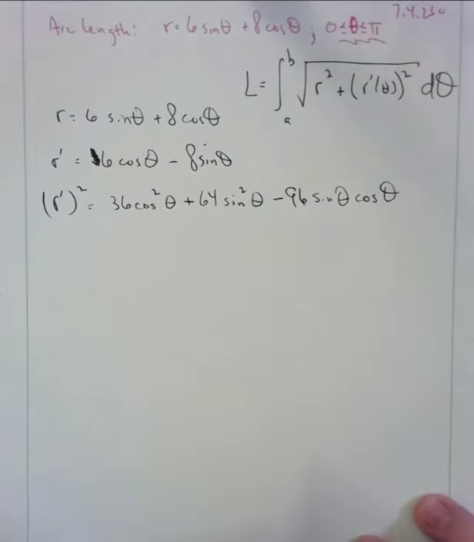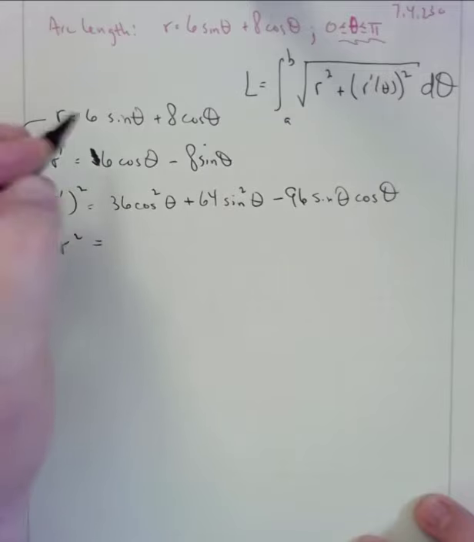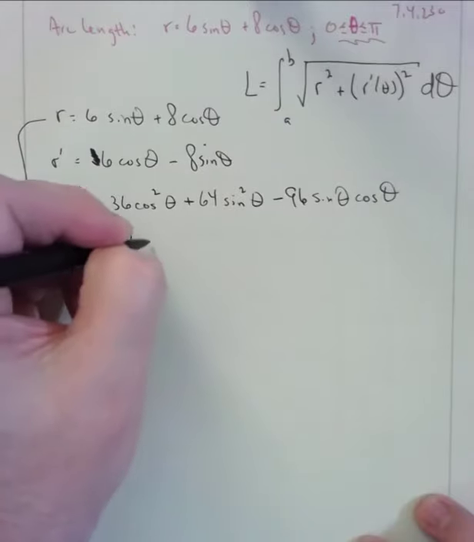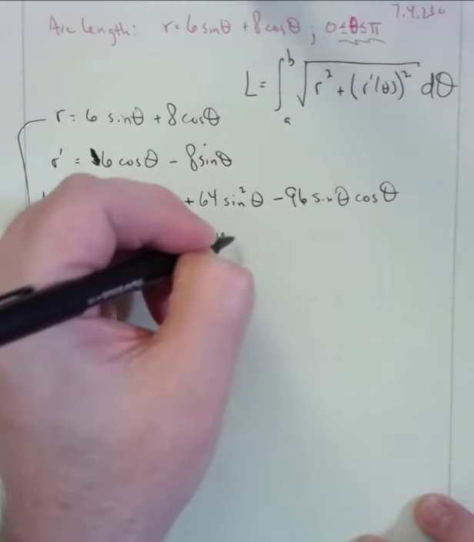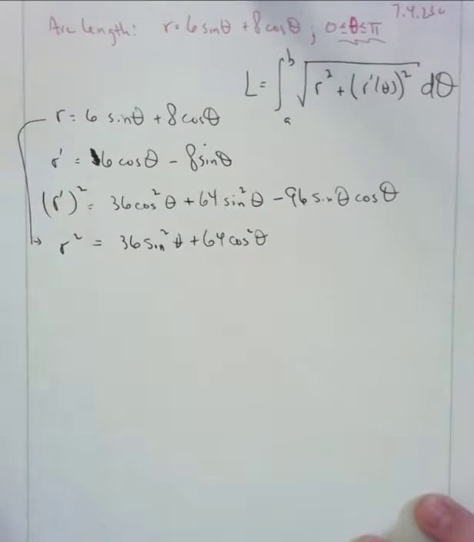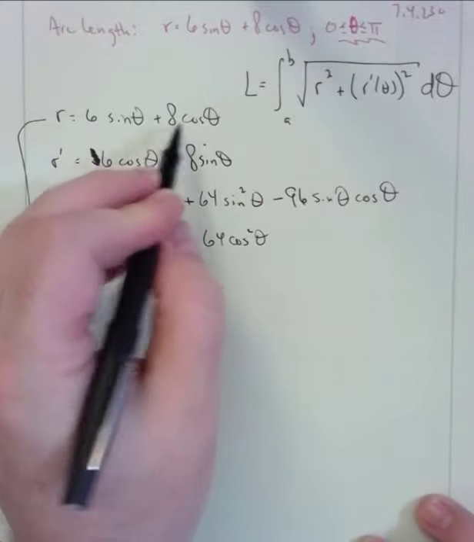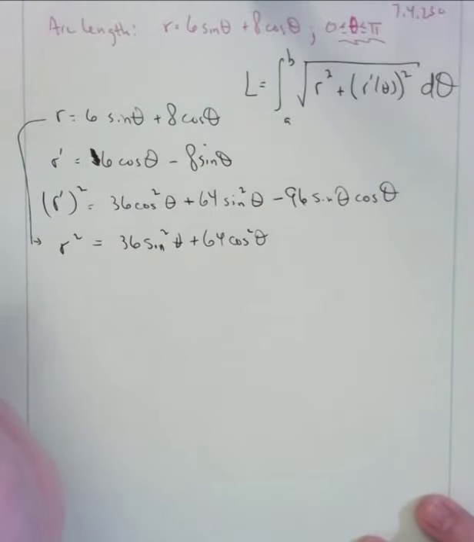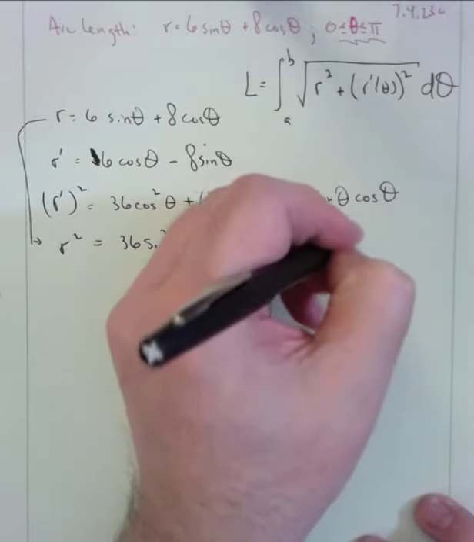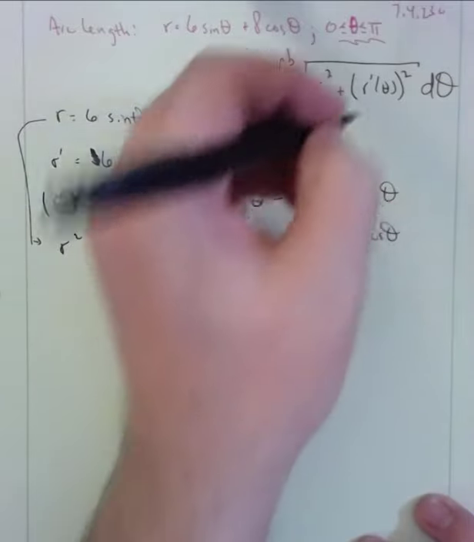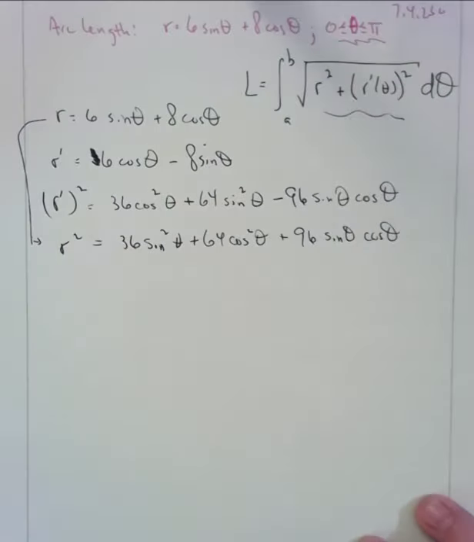And then let's also generate r squared itself. Well, that'll be 36 sine squared plus 64 cosine squared, and then cross terms of plus 48 sine cosine, so 2 of those is plus 96 sine theta cosine theta.